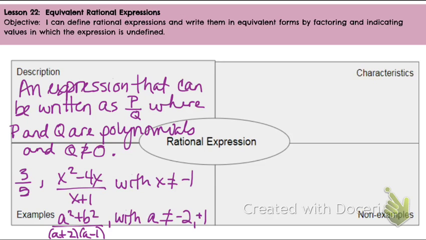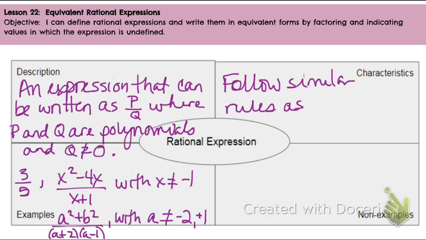For characteristics, what can you say about rational expressions? Rational expressions follow similar rules as rational numbers do. They behave the same way. So non-examples: x plus 1 divided by 0.